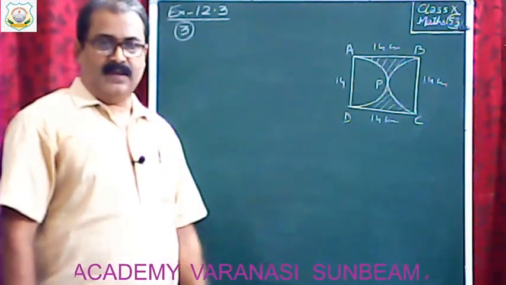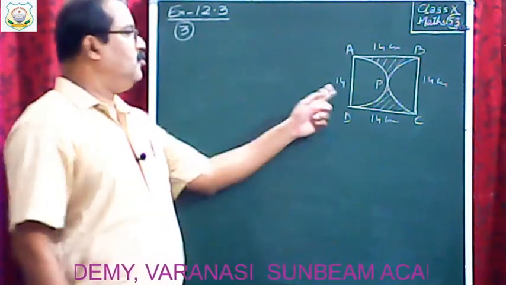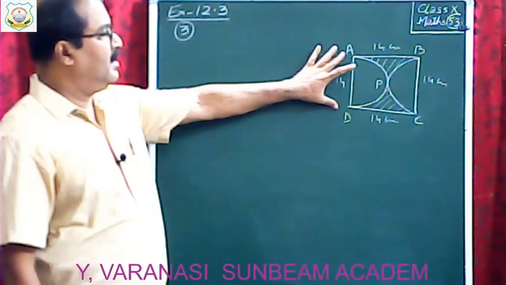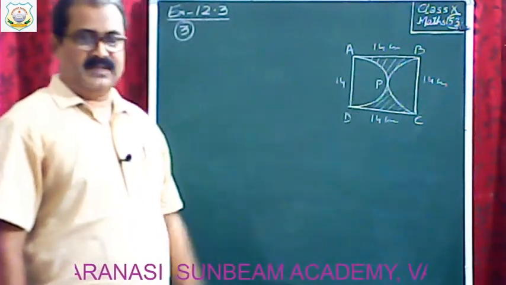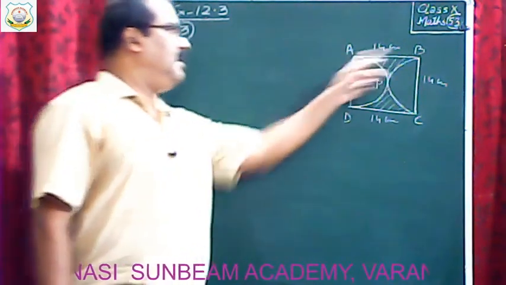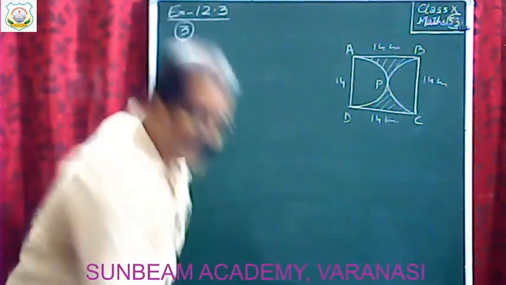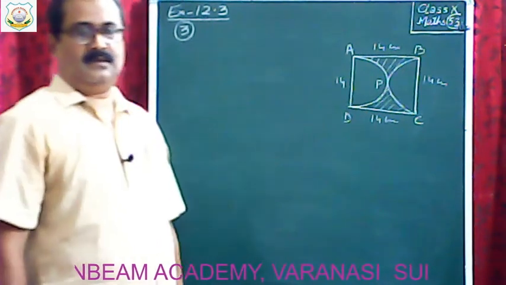ABCD is a square and there are two semicircles described on two sides of the square. Then the diameter of the semicircle is 14 centimeter, and the other one is also 14 centimeters. How to find out? Very simple. Area of square minus 2 into area of semicircle.